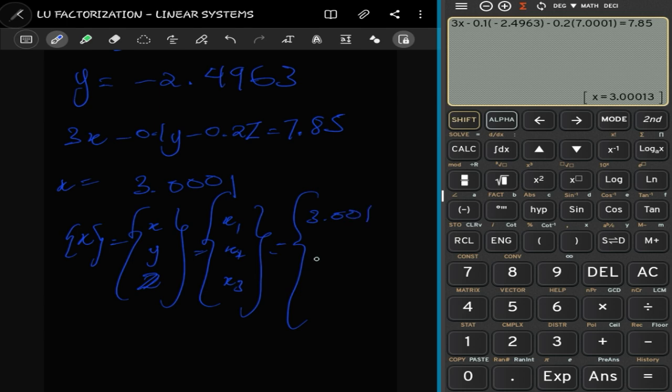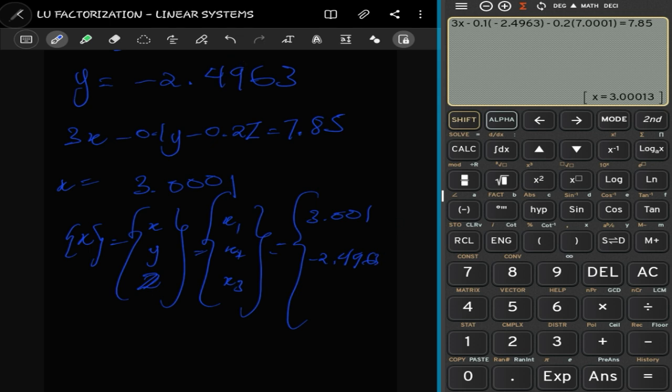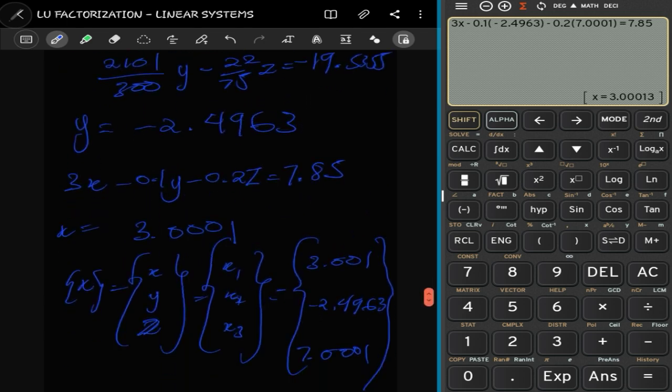Our y is minus 2.4963. And then our z, 7.0001, right? Yes. So this is what we have.